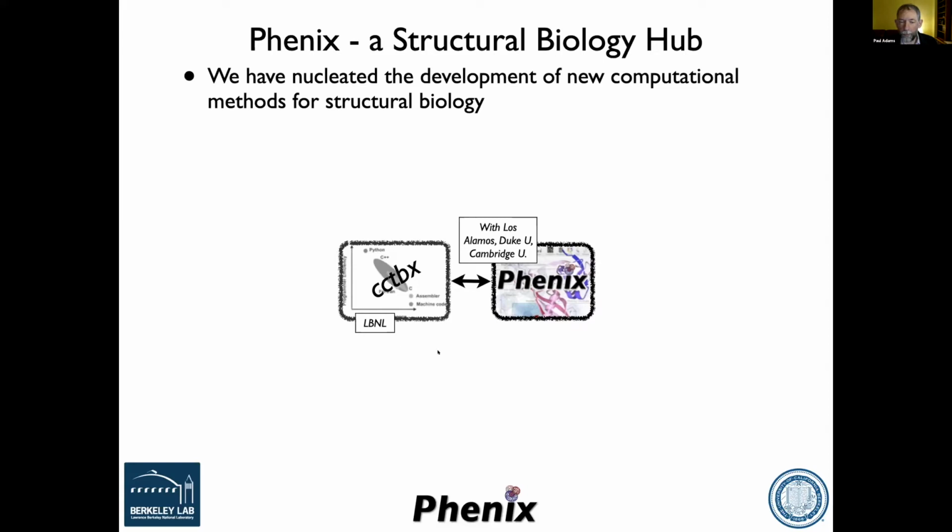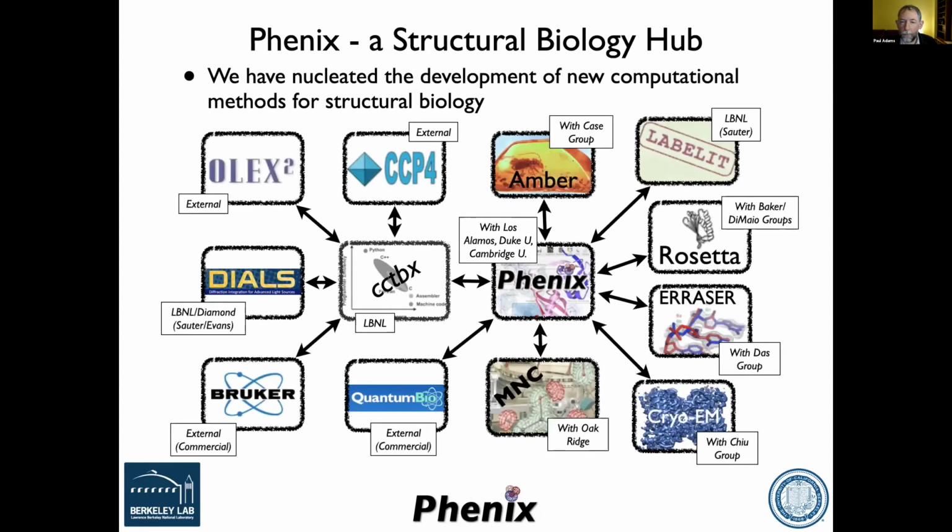It's got a lot of tools for doing crystallography and other things. But over the years, it's developed into a larger thing with a lot of collaborations with other people and a lot of tools, including things like cryo-EM, but interactions with a lot of different software packages, including things like Rosetta, MD force fields with Amber, neutrons. So the scope of the project's a lot larger than just crystallography now.